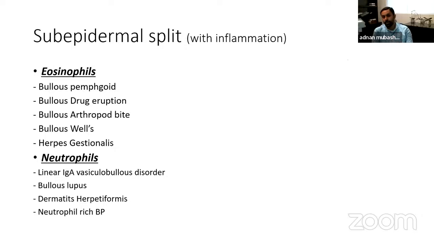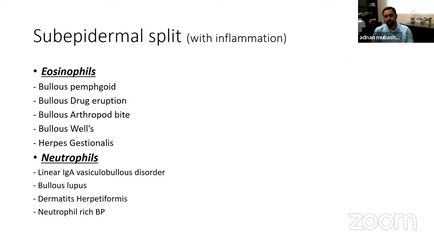And then depending on what inflammatory cells are present within that bulla, your differential will go one way or the other. For example, if you have predominantly eosinophils in that cleft, then it's more in line with bullous pemphigoid, bullous drug eruption, bullous arthropod bite, bullous Wells, herpes gestationis.